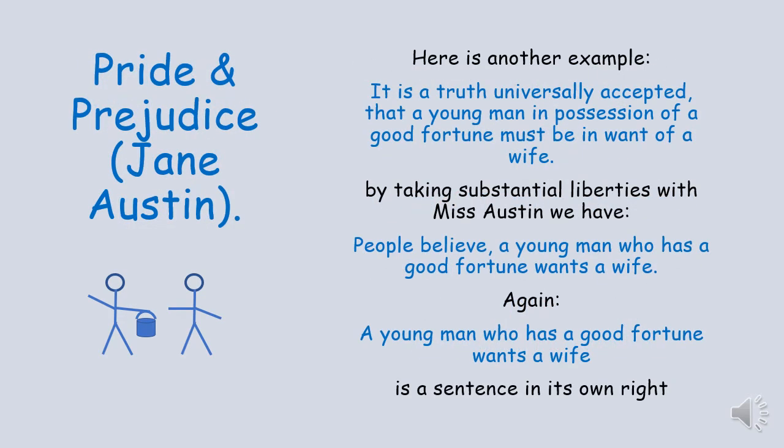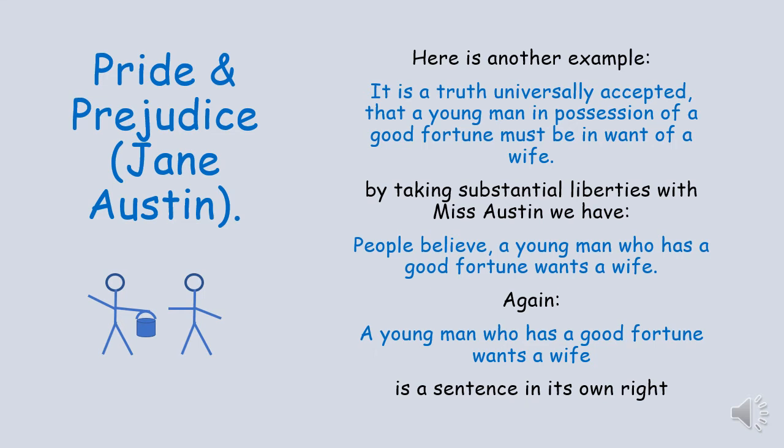Here is another similar but rather more complex example of a sentence or phrase referring to another sentence or phrase, with its consequent limitations on the analysis we can do on it. So we've got from Pride and Prejudice by Jane Austen, the initial sentence of this novel.